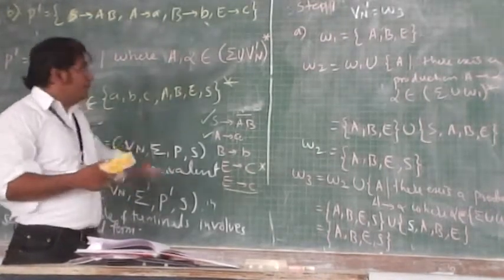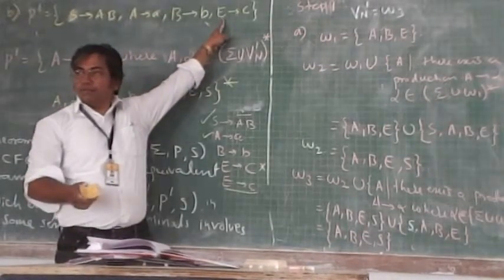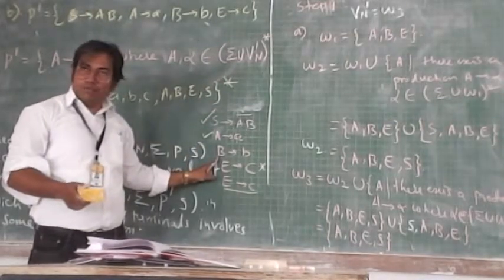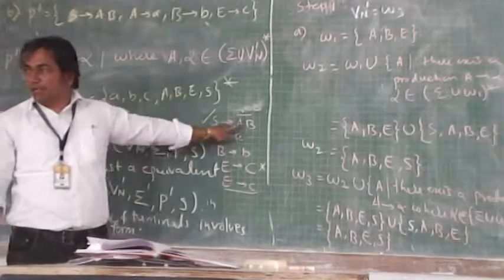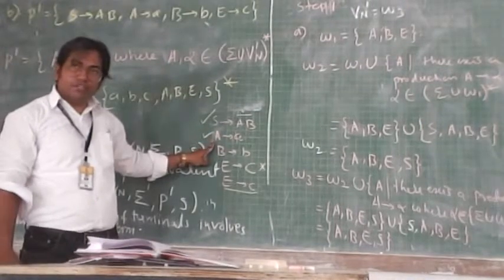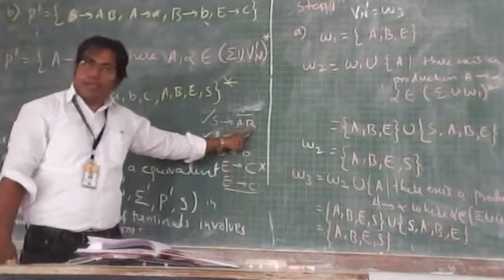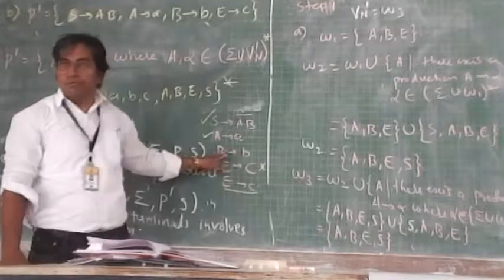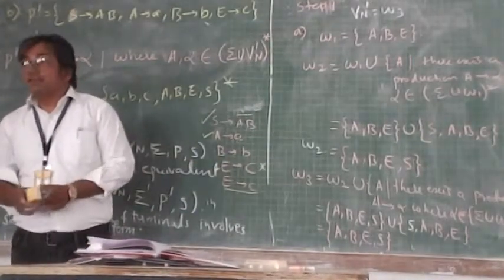If we consider that, at that moment this E is not going to be involved in any sentential form. Do you see? Start deriving a string out of this grammar. For example, I can have the derivation S implies AB, and A I replace by applying the second production, where I get small a and B. B I will further replace by applying the third production, that is B implies b, and I get a terminal string ab.